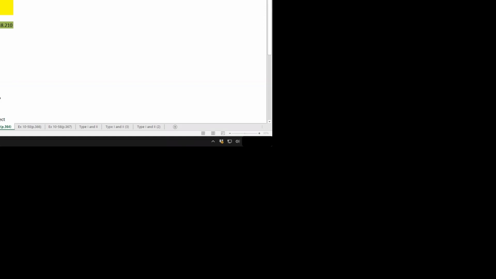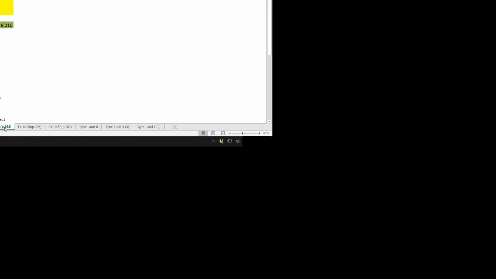So type 1 would be the probability of concluding the filling process isn't okay, even though it is okay. Good. How about type 2? Saying the filling process is okay when it's actually not. Mm-hmm. Good. All right, any questions on exercise 1030?